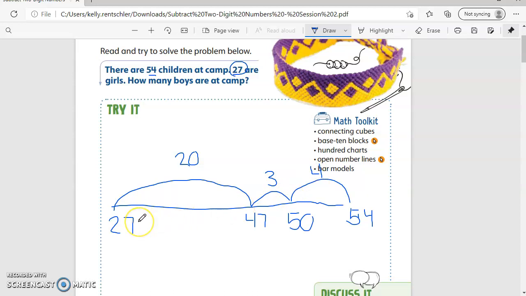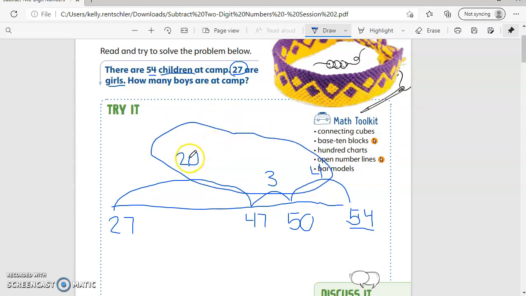So I started at 27 and I ended at 54. I started at 27 because I knew that's how many girls there are, and I went to 54 because that's how many children there are. So when I count up, my answer is going to be my hops.